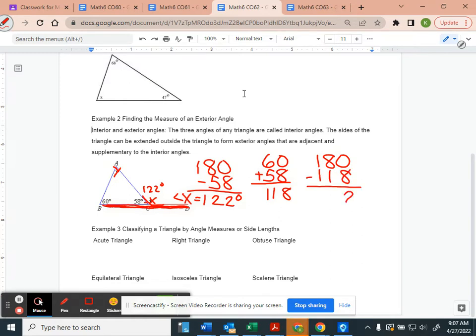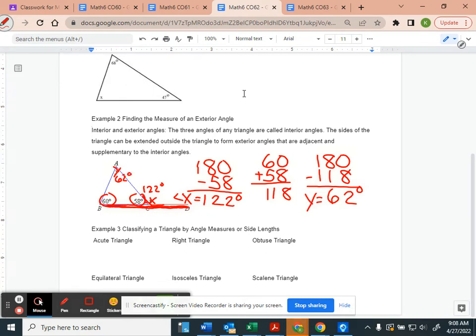And what do I get? 62? Yeah. So you add up your two interior angles that you know. You subtract them from that 180 because all three angles equal 180. And we end up with 62 degrees.